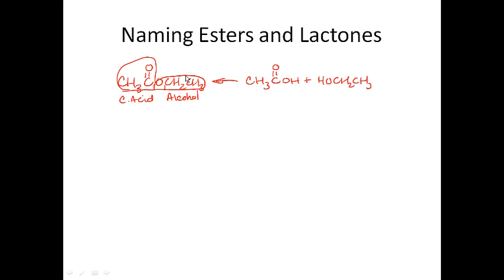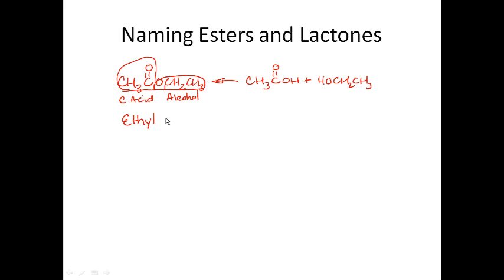Now when we write the name of an ester, we simply take the alcohol portion and write what alkyl group that alcohol portion has. For instance, we would call this ethyl because it comes from ethyl alcohol. Then we would name the acid.